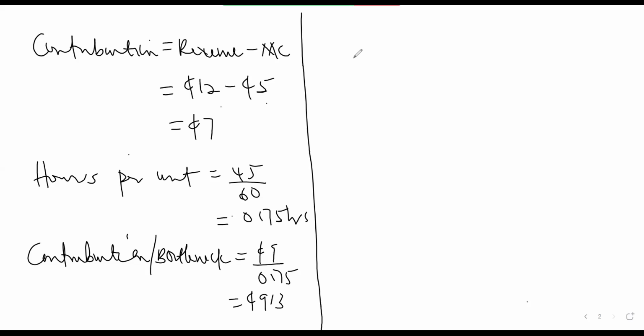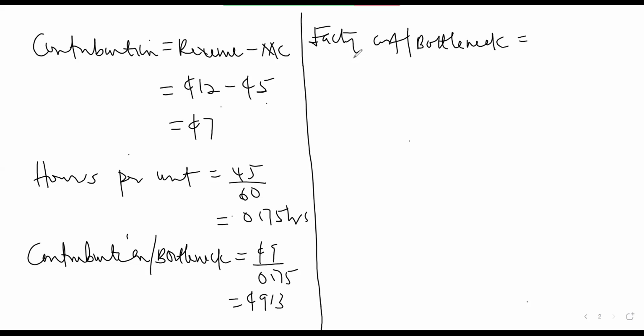So what will be the next thing that we have to calculate? We have to calculate our factory cost per the bottleneck. Please, sometimes they will not give you the factory cost. You have to calculate it yourself. So the factory cost will be the labor cost plus the variable cost plus the fixed cost.